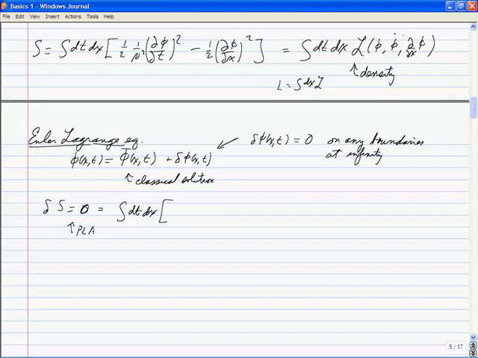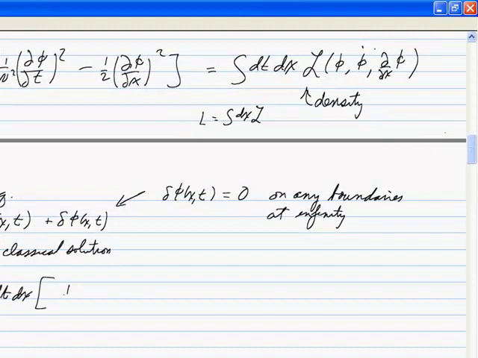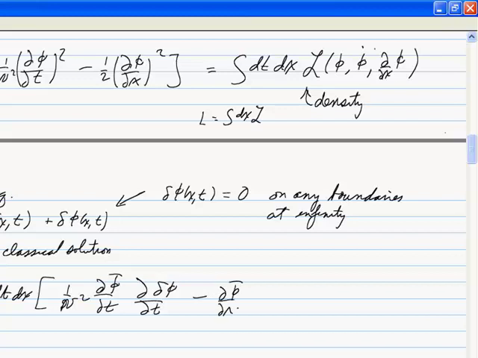Remember the logic. So the first term is 1 over v squared d phi bar dt d delta phi dt. The cross term carries the factor of 2, which cancels the factor of 2. And the second one is minus d phi bar dx d delta phi dx.